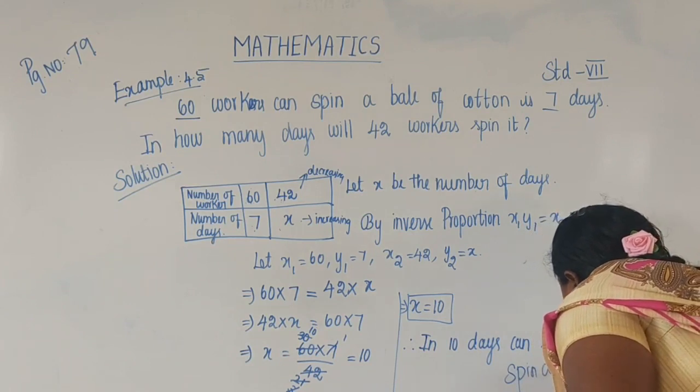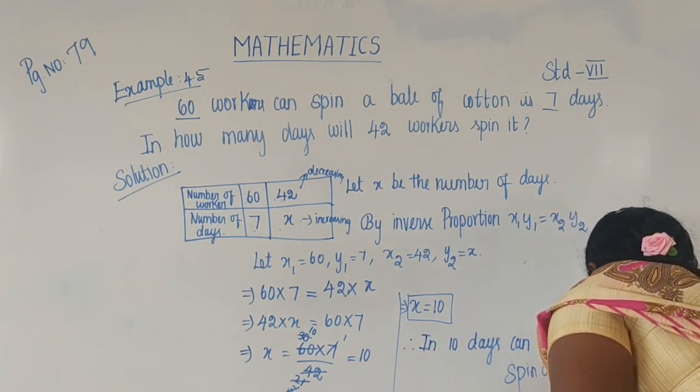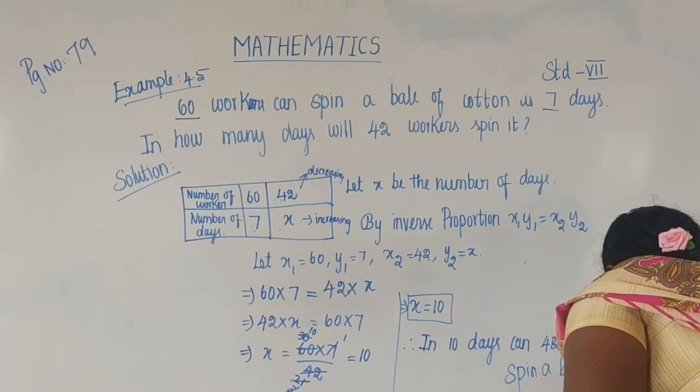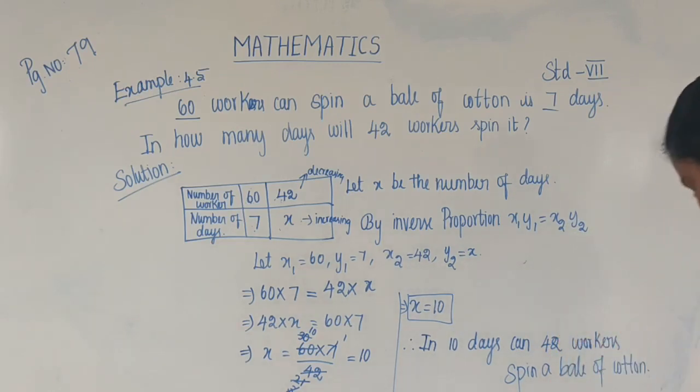Students, can you understand? First, 60 workers can spin a bale of cotton in 7 days. In how many days will 42 workers spin it?